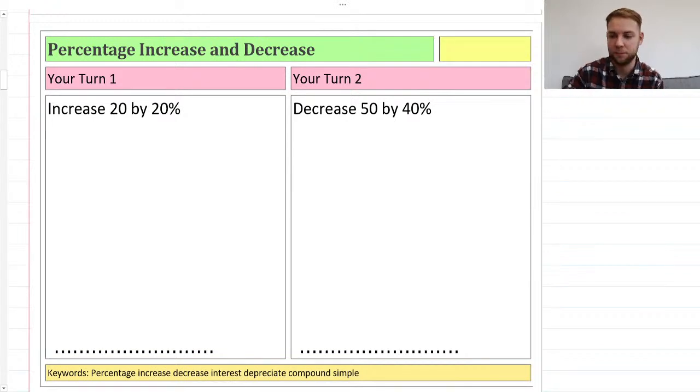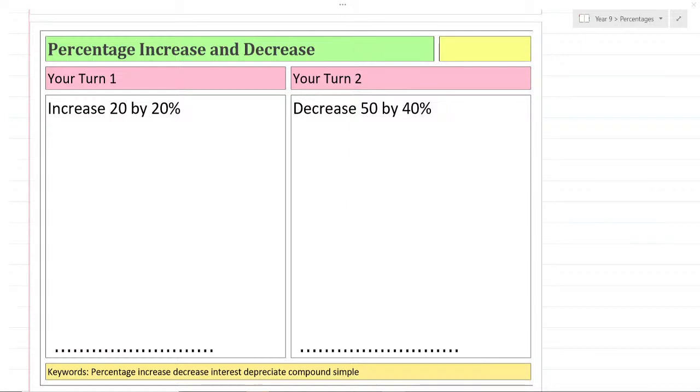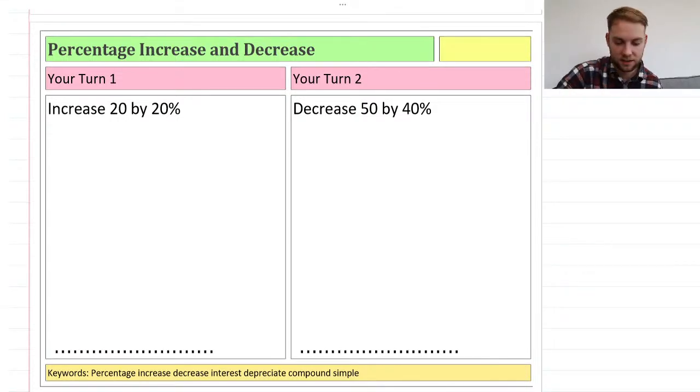I'll go through them in a second, but have a little go yourself. Good, I think we're flying through these.